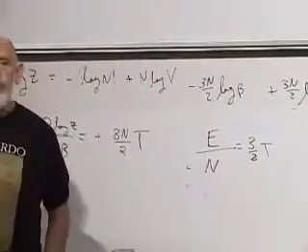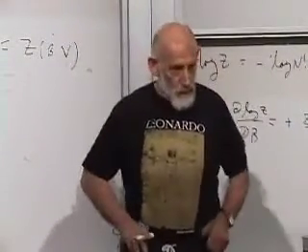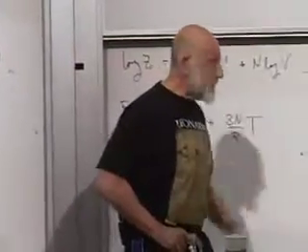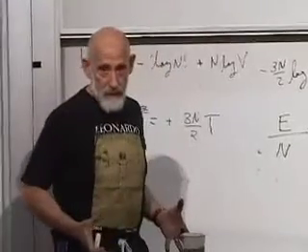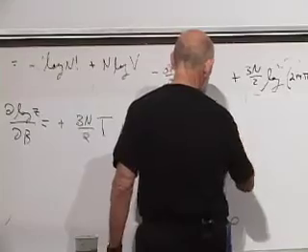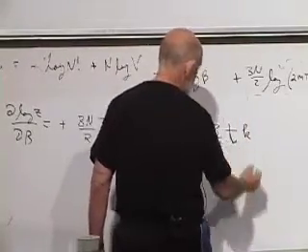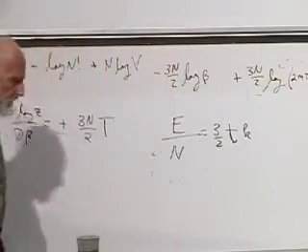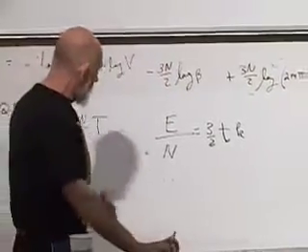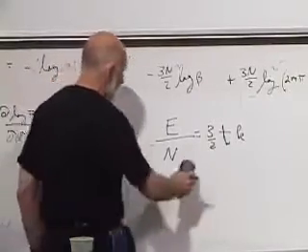If I were to change units and use the standard textbook unit convention, I would replace capital T by Boltzmann's constant times little t, 3/2 kT. I won't follow that convention, but I just wanted to point out 3/2 kT is the textbook answer.